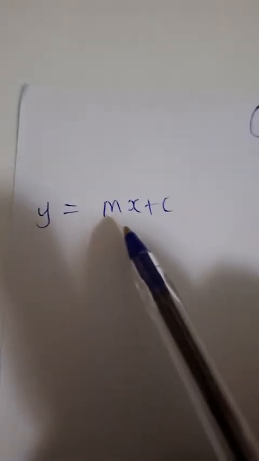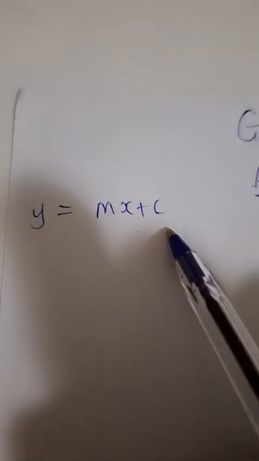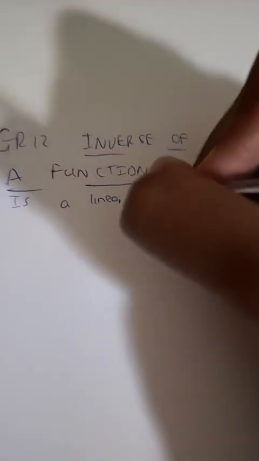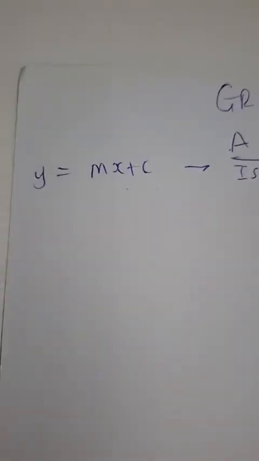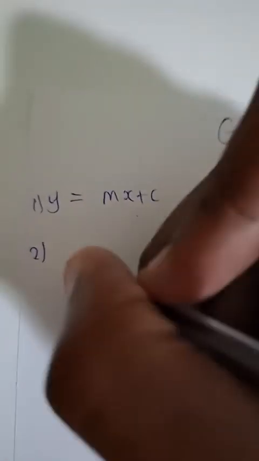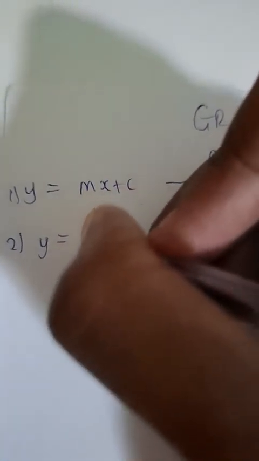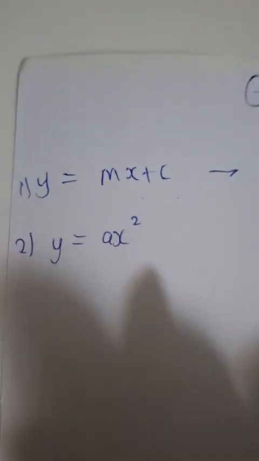So first and foremost, we have the function which is in the form y is equal to mx plus c. This here, guys, is a linear function. Okay, it's a linear function, y is equal to mx plus c. Then 2, we are also going to look at how to determine the equation of a parabola function.